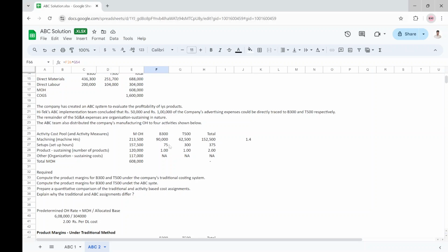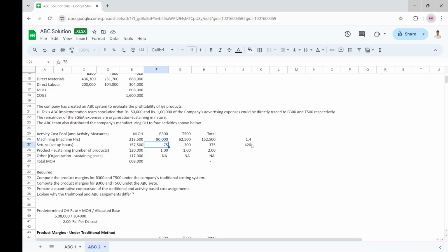Now what you can do is, of 157,500 we know that we can associate it in a 75 to 300 ratio. So for 375, the total is 157,500. So for each traceable unit, what is the rate? Yes, it's 420. So for B300, then how much is it? 75 into 420 and 300 into 420.